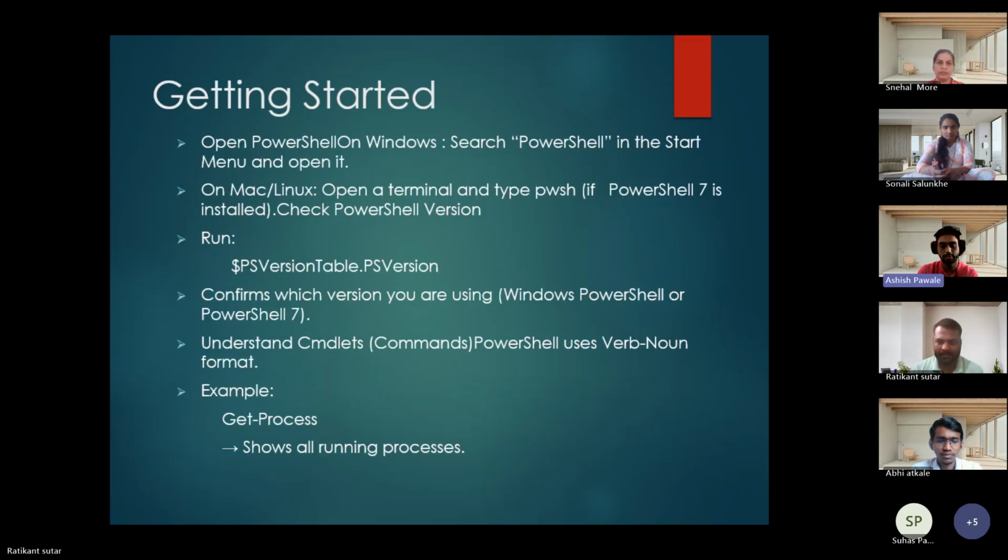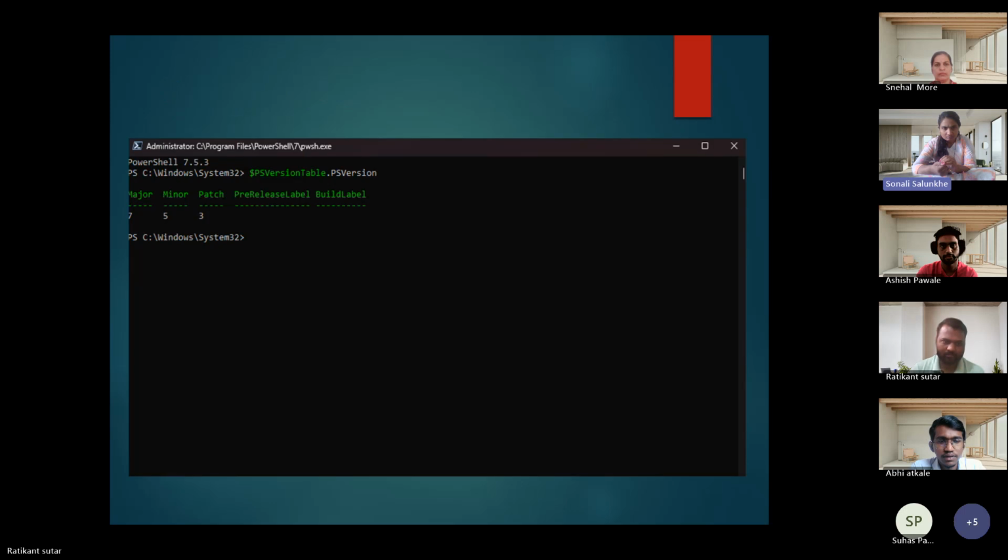Getting started with PowerShell. This covers the process of launching PowerShell on different operating systems. On Windows, it can be accessed by searching for PowerShell in the Start menu, and then you can run it as administrator. Next screen. How to check the version?